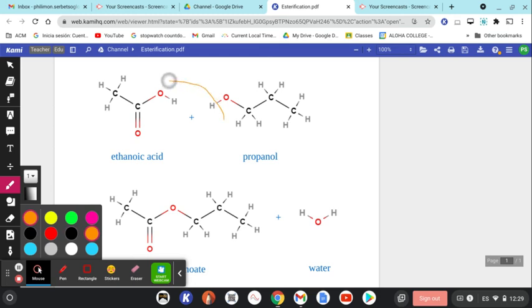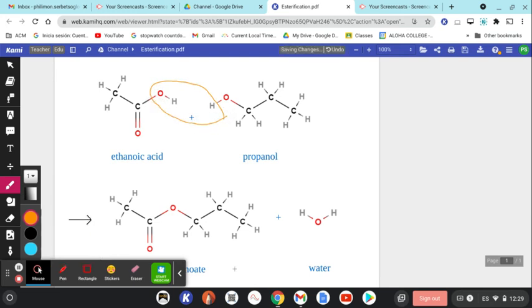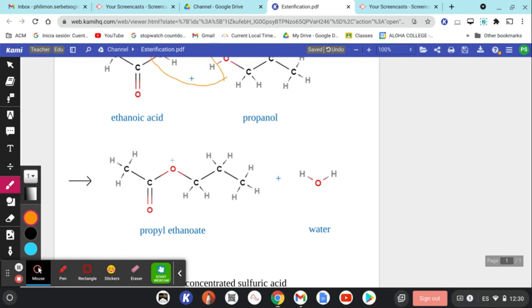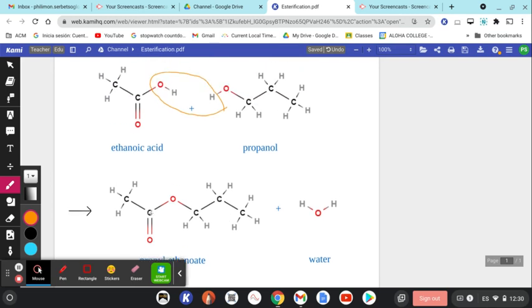So you can see here, this part is lost, which is H2O, on the bottom right. Ethanoic acid and propanol combine to make a bigger molecule. So you can see the link here. Here we see what used to be the carboxylic acid, and here what used to be the alcohol.